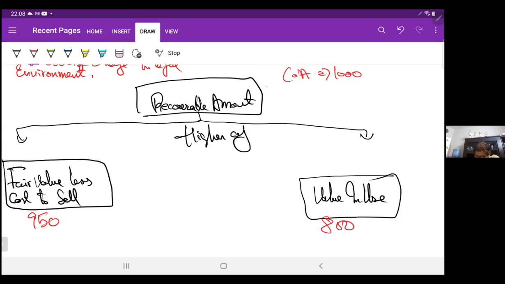So the recoverable amount is fair value less cost to sale, 950, and our impairment will be 50.